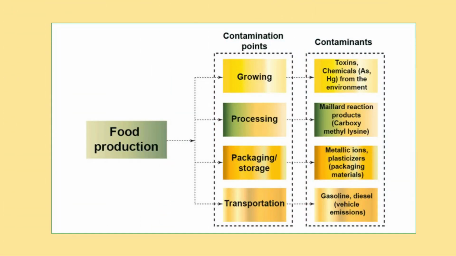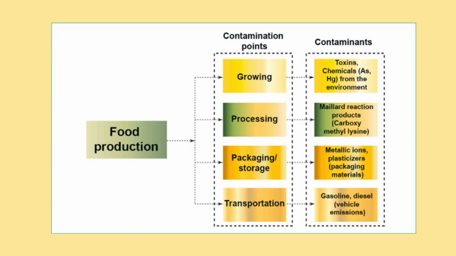So when talking about food contamination, we cannot focus on only one step of the whole process. We have to consider from the upstream to the downstream, or from the downstream to the upstream. Why? Because there is a possibility that contamination happens in each step.